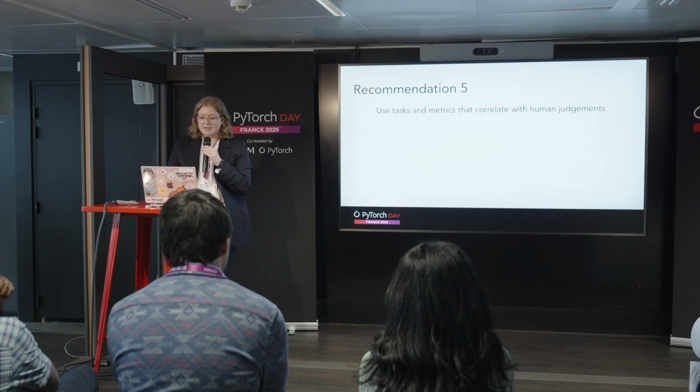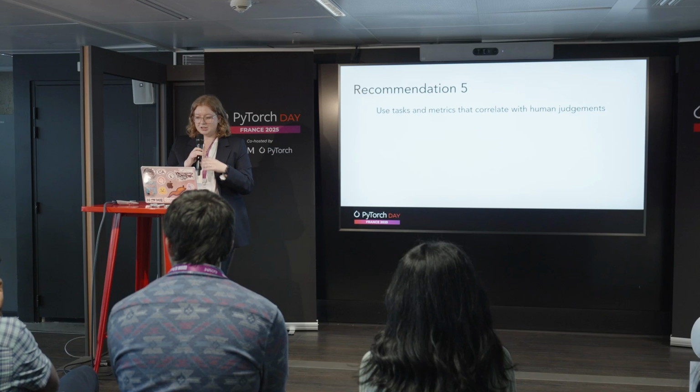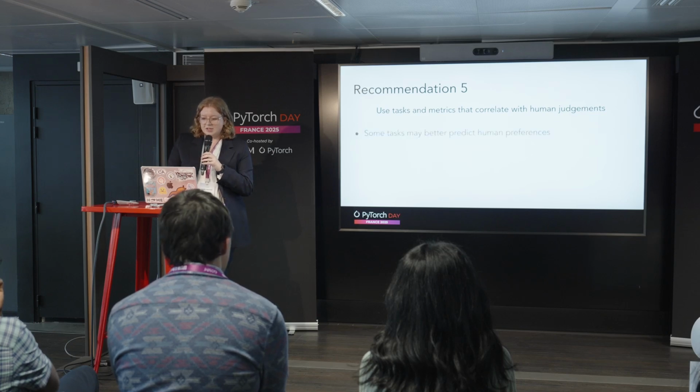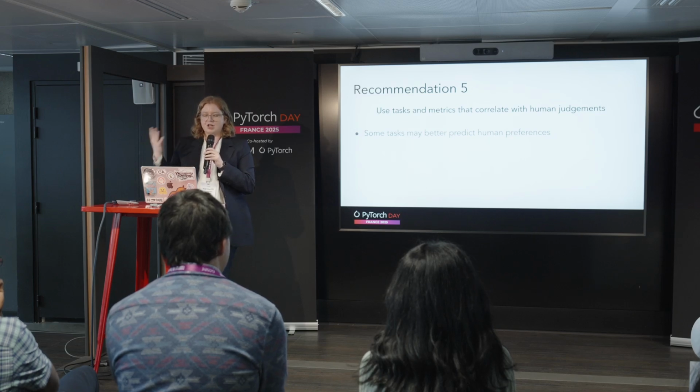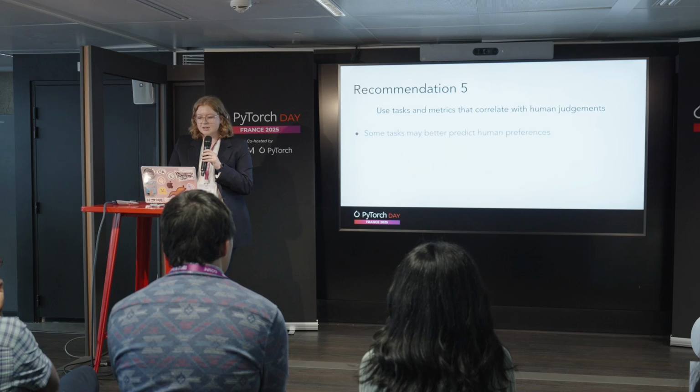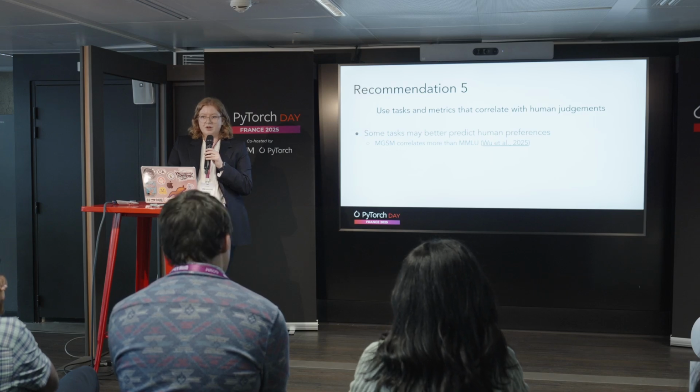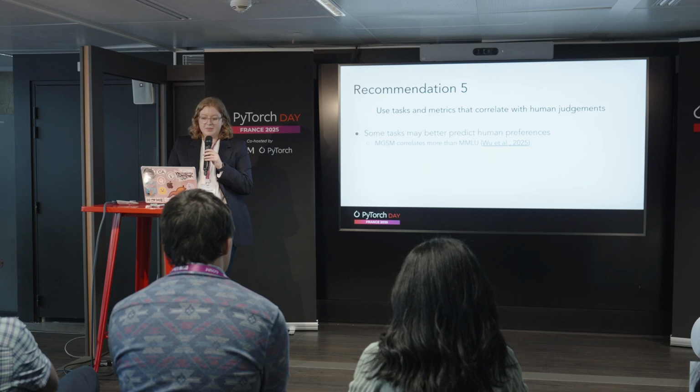And the last one in this section: use tasks and metrics that correlate with human judgments. So some tasks in general might be better predictors of general Chatbot Arena kinds of scores, so they might be more useful to us. This study found that the multilingual grade school math benchmark correlates more closely with human judgments than MMLU.